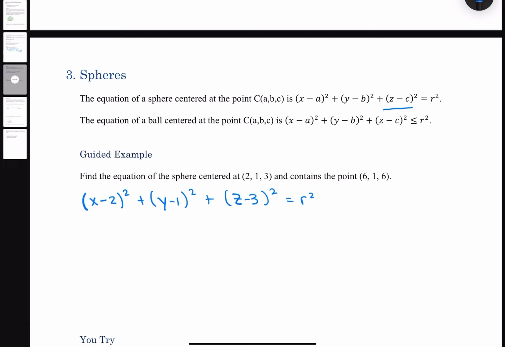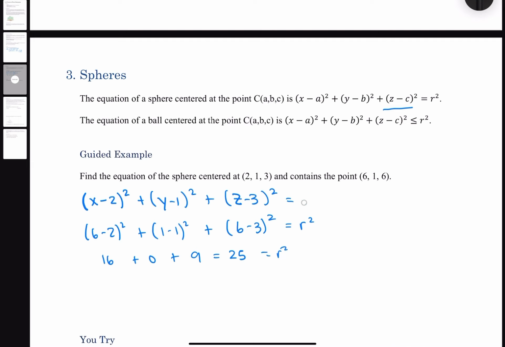And now to find the r squared value, we can just substitute in the point that's on the sphere. So we get 6 minus 2 squared plus 1 minus 1 squared plus 6 minus 3 squared equals r squared. So 6 minus 2 squared, that's 4 squared, that's 16, plus 0 plus 9, and that's going to equal 25. So our r squared value is 25.